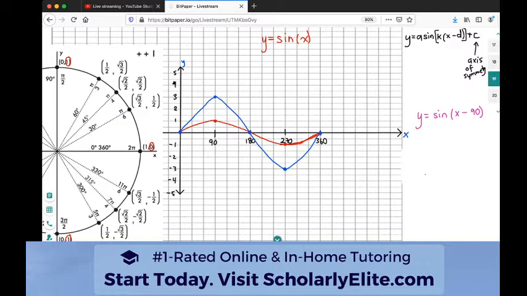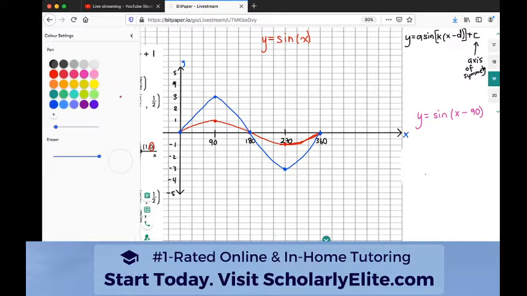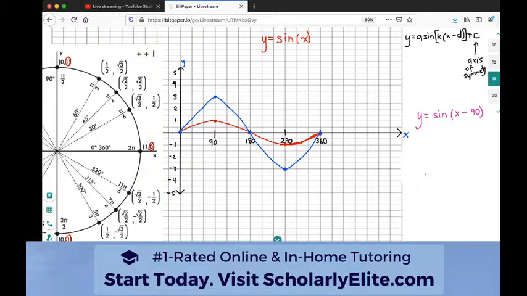In order to do this, I actually need to keep on moving my numbers here. So let's add another little spike: 450, and then 540.